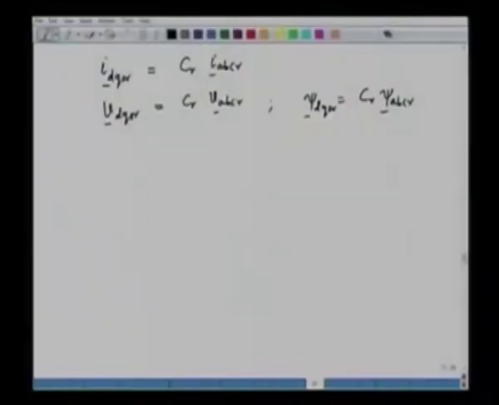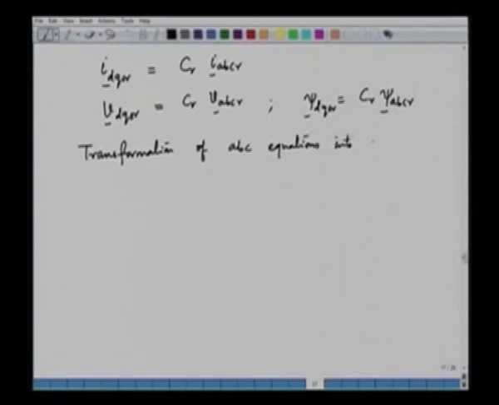Now, with this help, let us transform the ABC equations into DQ equations. First of all, we start with the stator equations.